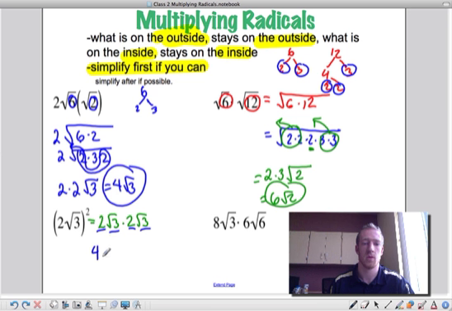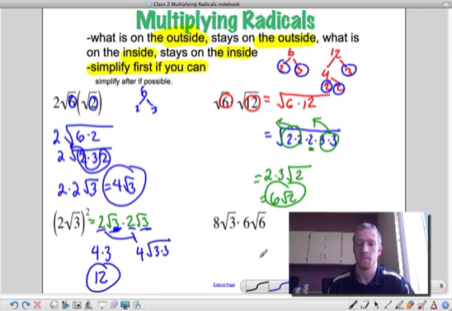So you're going to get 4 times 3, which is 12. There's our answer. If you didn't see that, you could still just blindly follow the process. 2 times 2 is 4. Root 3 times root 3, multiply what's on the inside, and get 3 times 3. And then you circle your pair, take it out, you get 4 times 3, and that's 12.